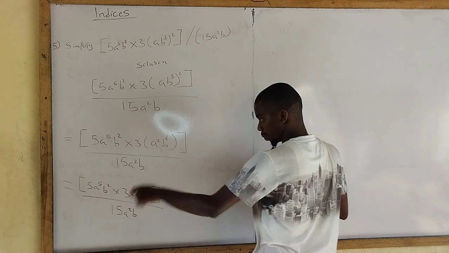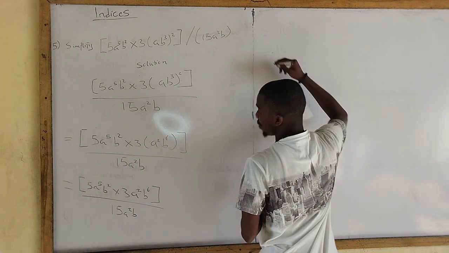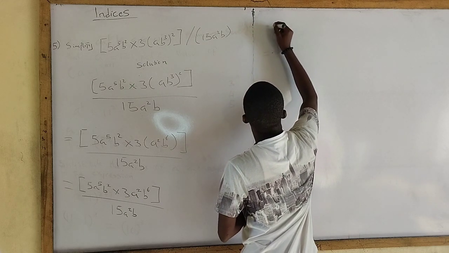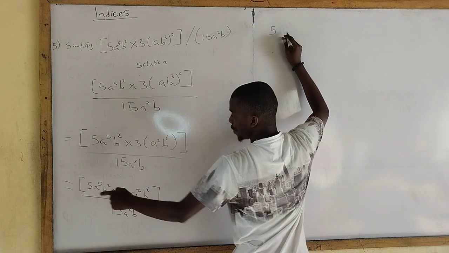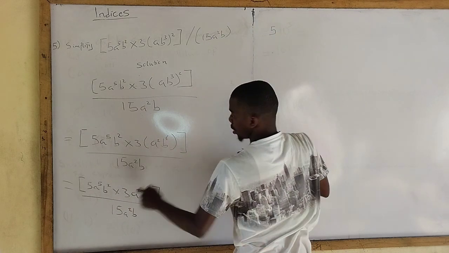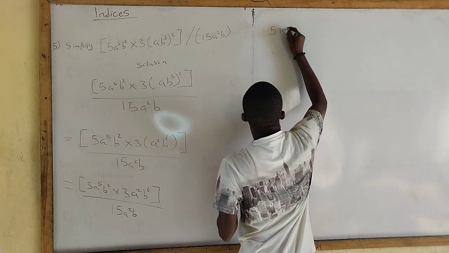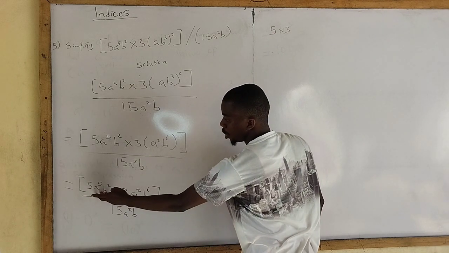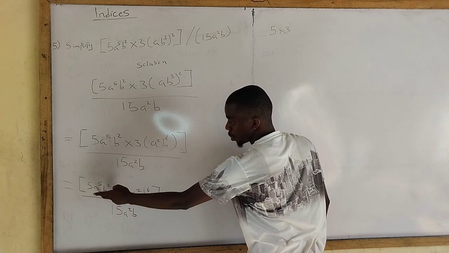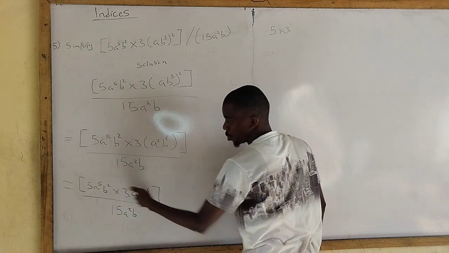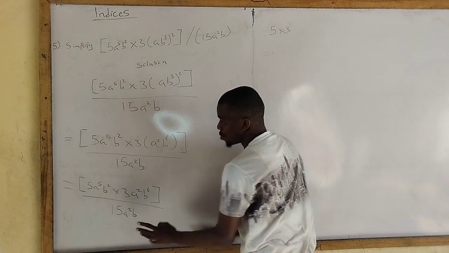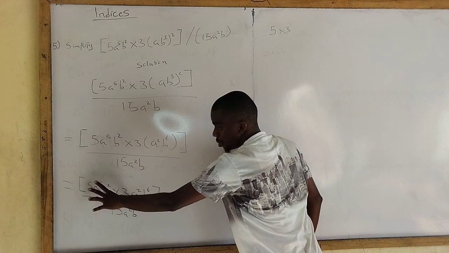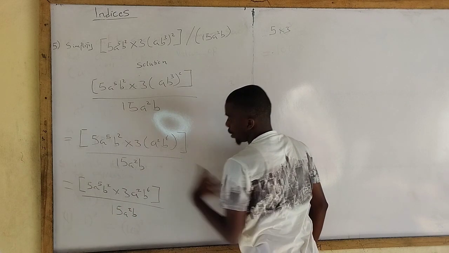So if we have 5 times 3, remember that the operations here are multiplications. All of the operations binding this algebra are multiplication.